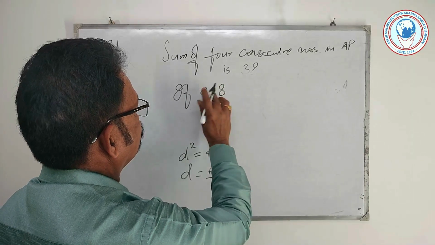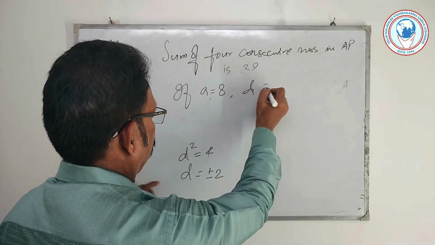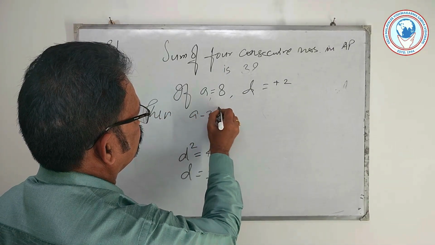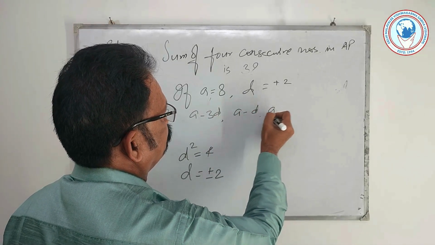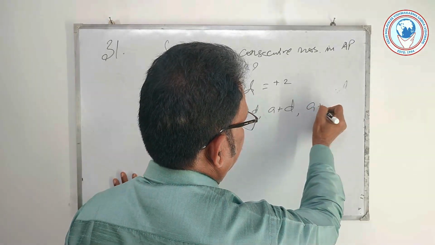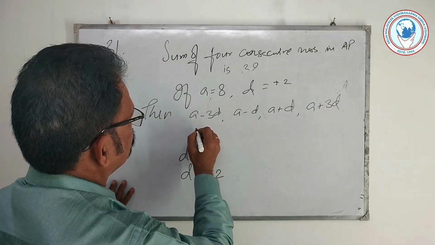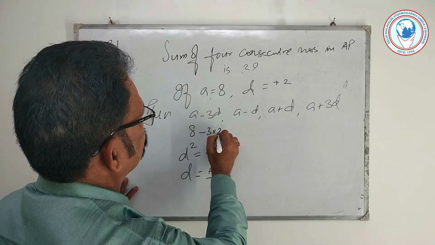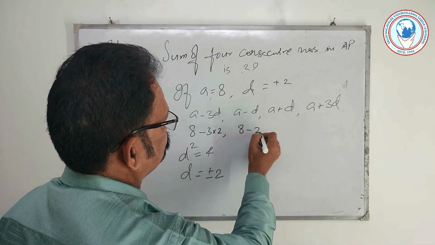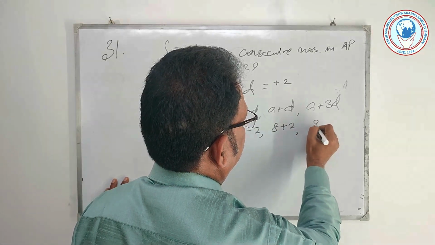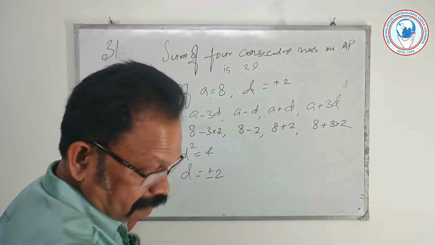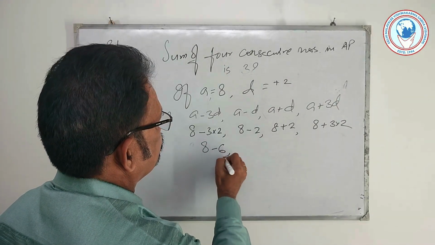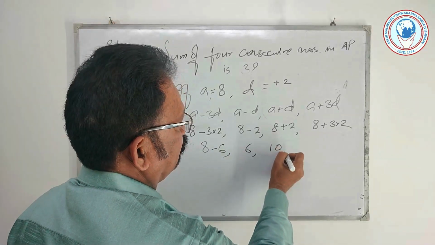If a is equal to 8 and d is equal to plus 2, then the numbers a minus 3d, a minus d, a plus d, a plus 3d are 8 minus 3 into 2, 8 minus 2, 8 plus 2, 8 plus 3 into 2. 8 minus 6, 6, 10.